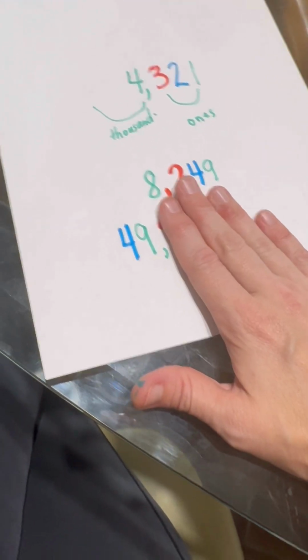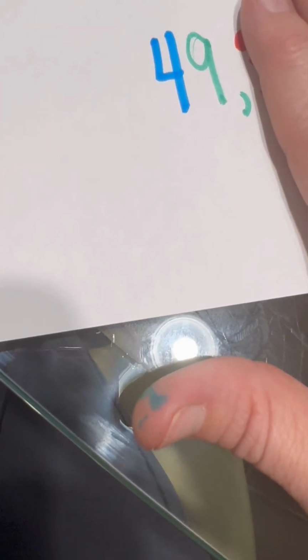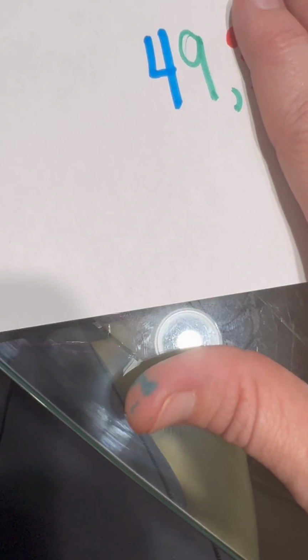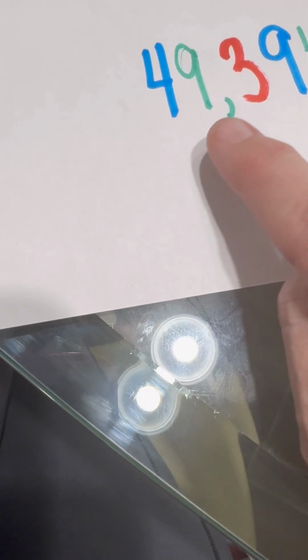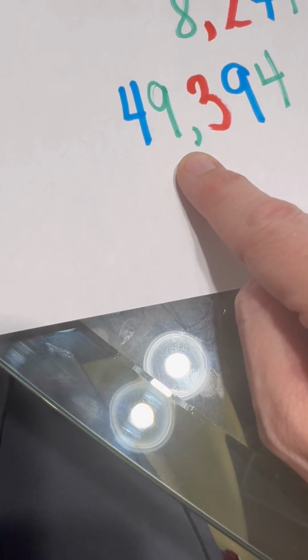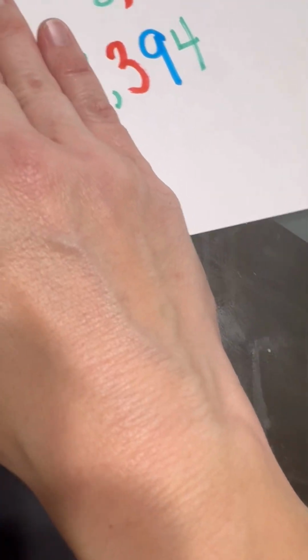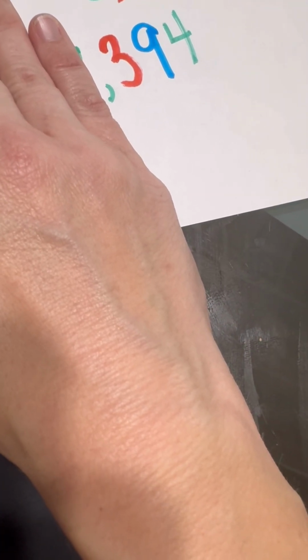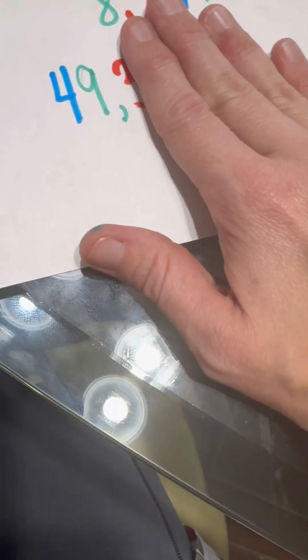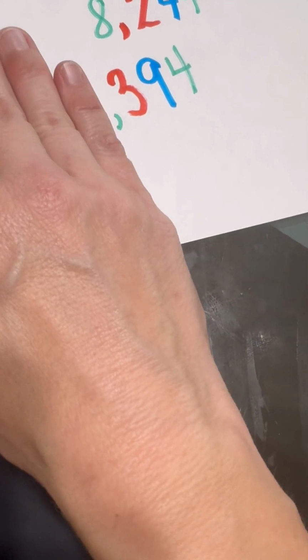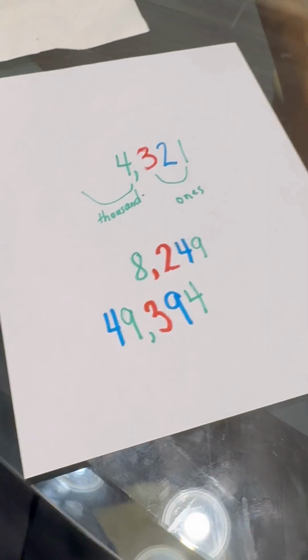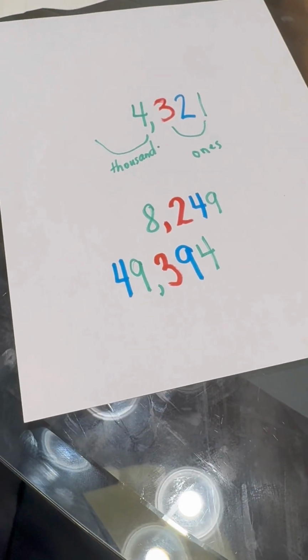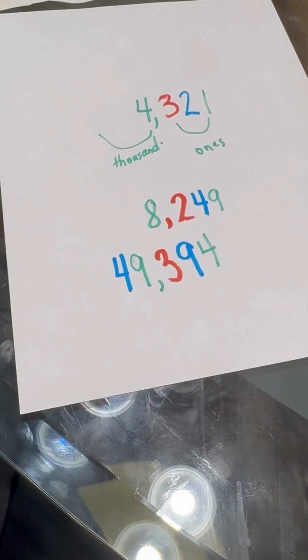So how would you read that number? 49, and when you see a comma, you would say 1,394. So 49,394. Okay, why is this important? Because eventually, and you're probably doing this already, you have to write it in word form.